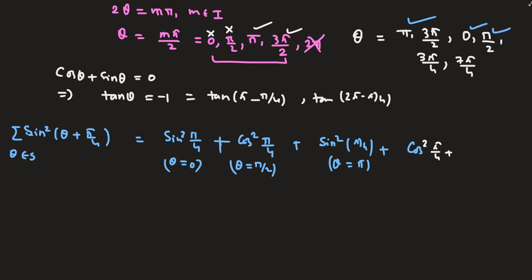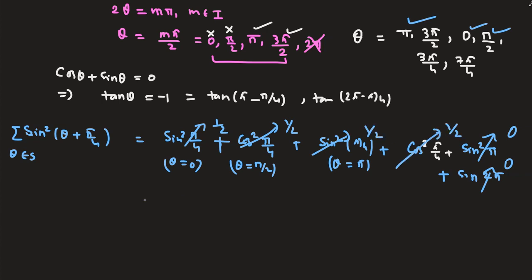The next value is 3 pi by 4. 3 pi by 4 plus pi by 4 is pi, so sin square pi, and next is sin square of 8 pi by 4, that means 2 pi. So this value becomes 0, this value becomes 0, and the others become 1 by 2, 1 by 2, 1 by 2 and also 1 by 2. So 4 into 1 by 2 is 2. So 2 is the correct answer.